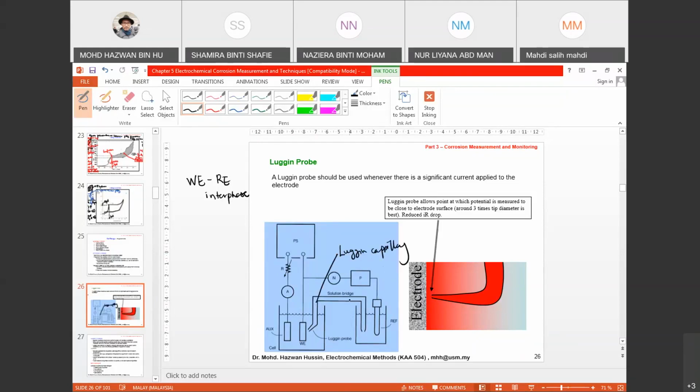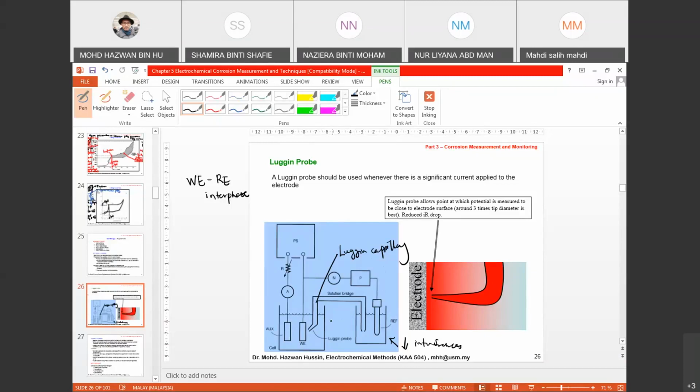Okay. The Luggin capillary also functions like a salt bridge to complete the cell. But why is the reference electrode put in the other container? It is basically to have less interference. When you have less interference, it means that the measurement is not influenced by other types of species that are present in your electrolyte, maybe other effects.